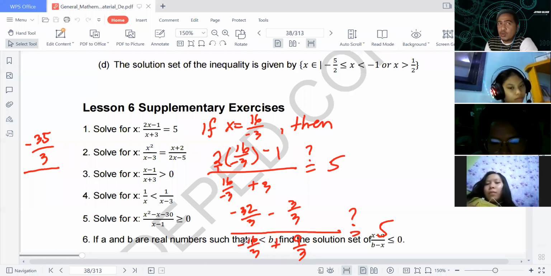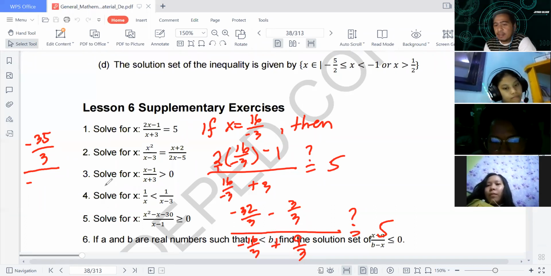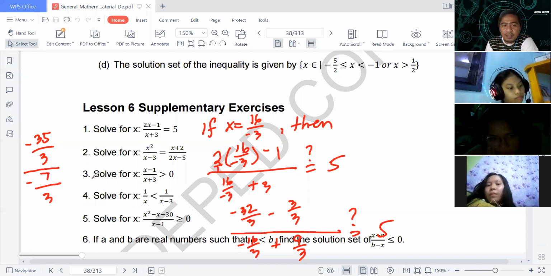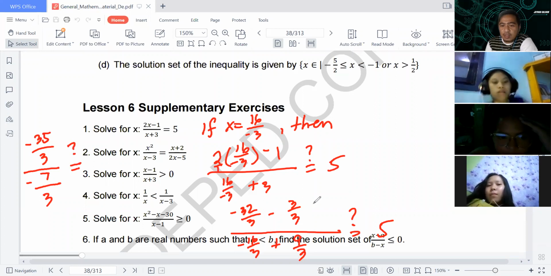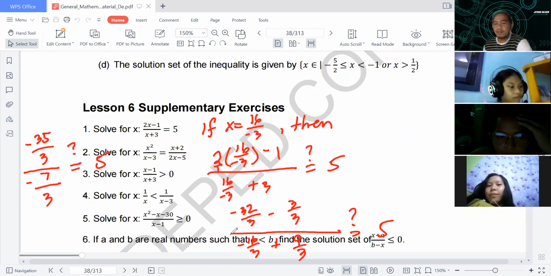So you copy the sign of the larger number, which is 16. So it's negative, right? And you subtract their quantity. 16 minus 9, 7. So that's 7 over 3, right? The question is, is it equal to 5? Oh, we're almost there.